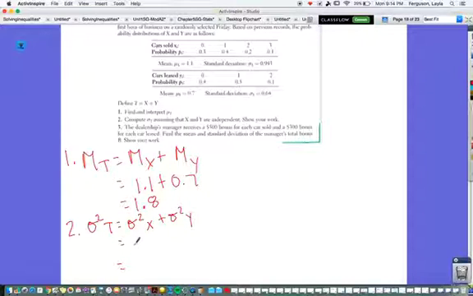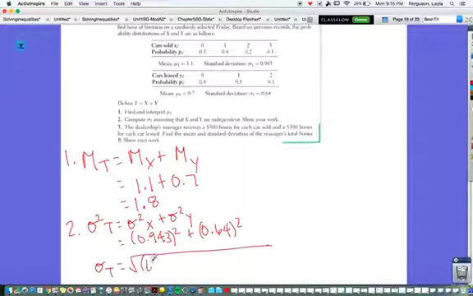Alright, so the standard deviation for X was 0.943, and we have to square that. And then we're going to do the standard deviation for Y, which is 0.64, and square that as well. Because I want to get the standard deviation, I would do the square root of 0.943 squared plus 0.64 squared.